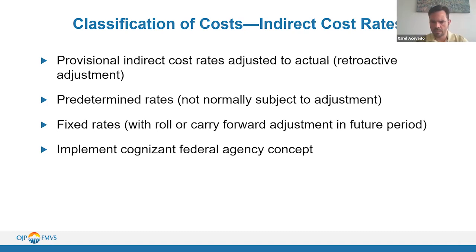What we're trying to say here is that whatever federal agency provides you with the most federal dollars or funds is the one that is going to be responsible to review and negotiate your indirect cost rates. They're sort of going to take the lead on that, okay?